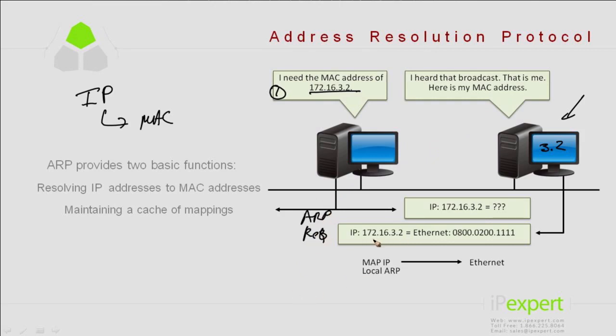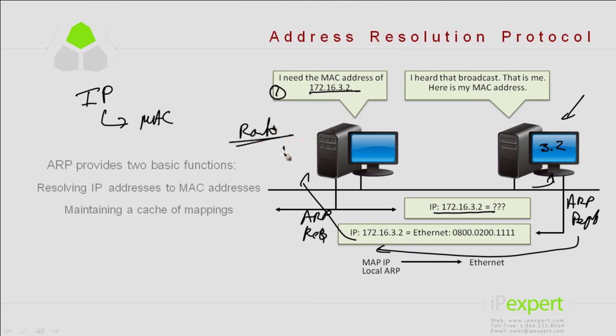That ARP request is going to say who has the identity of the layer 3 logical address of 172.16.3.2. Now the moment that arrives here, this system is going to say, oh, that's me, and it's going to send an ARP reply. That ARP reply is going to go through the infrastructure and ultimately arrive, which means I'm going to be able to create a routing table on our actual PCs here.